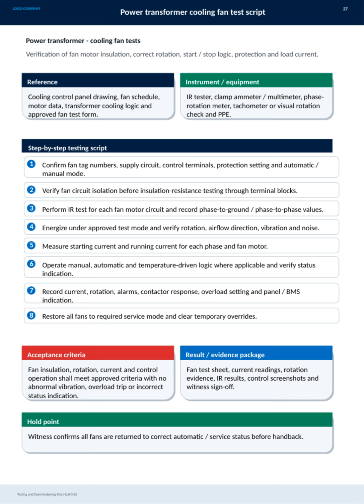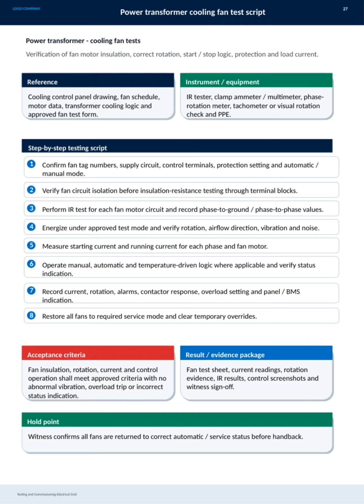We also measure starting and running currents for each fan motor phase and verify the control logic, including manual, automatic, and temperature-driven operations, while monitoring status indications. All observations such as current, rotation, alarms, and overload settings are recorded carefully. Finally, all fans are restored to their proper service mode, and any temporary overrides are cleared.